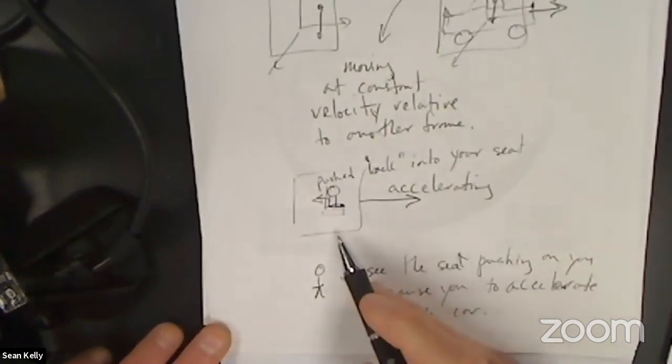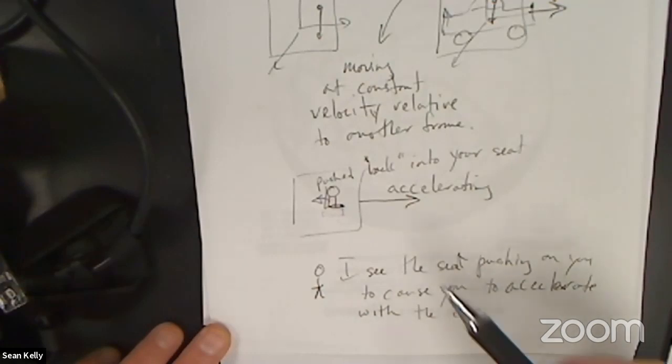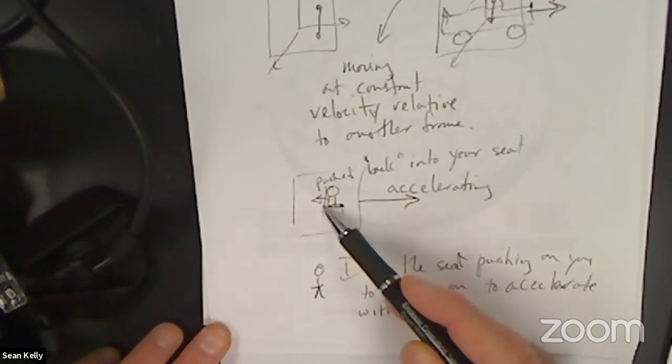So if the seat didn't do that, you would fall out the back of the car, huh? That's a bad car. Anyway, so the feeling that you get, you can't explain it. I can explain it if I watch you, but you cannot explain it.